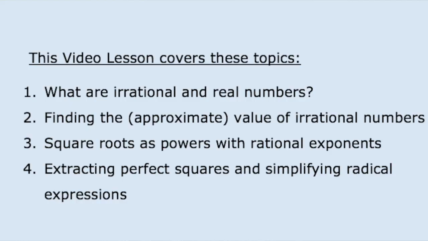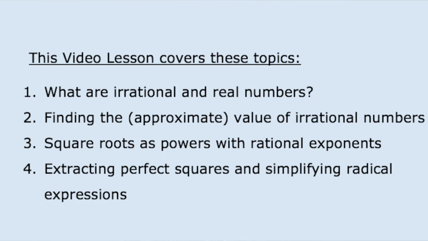We are in the unit on Algebra and Number Theory, and this is lesson number 3. In this lesson, we will introduce irrational numbers and also define real numbers. Then we will see how we can convert irrational numbers into decimal numbers, or at least approximately so.